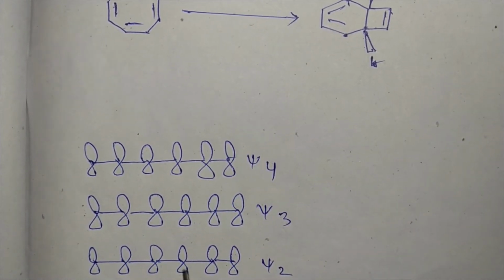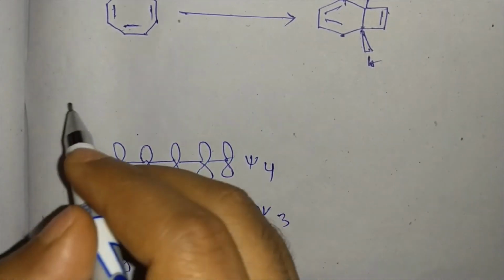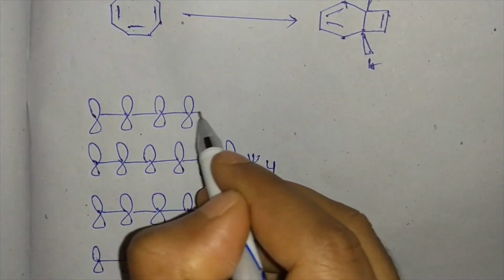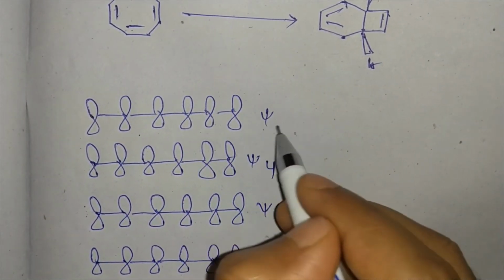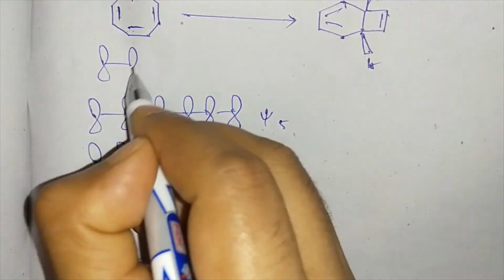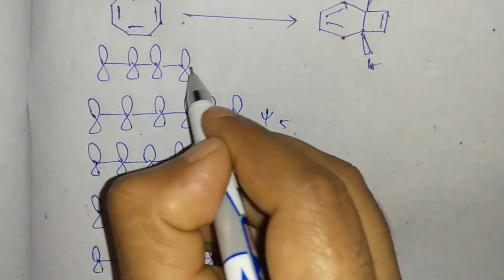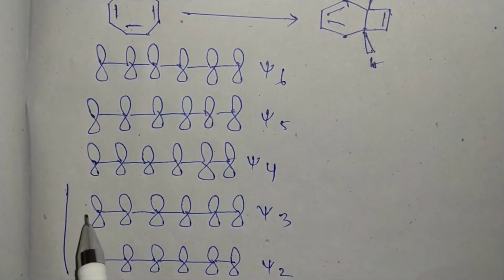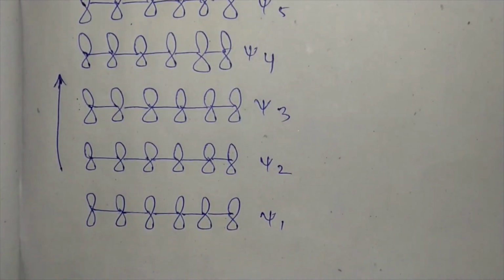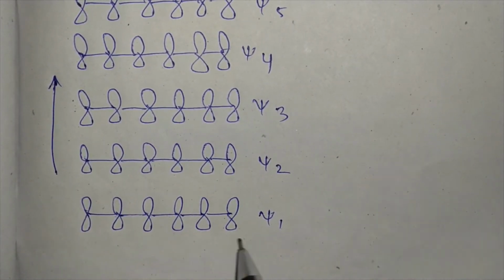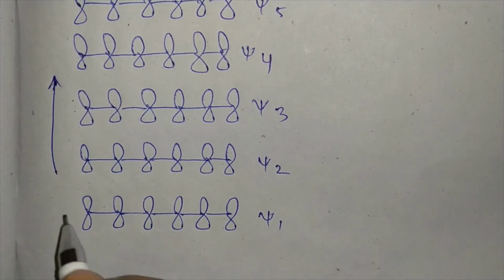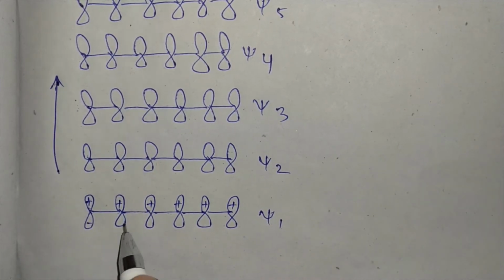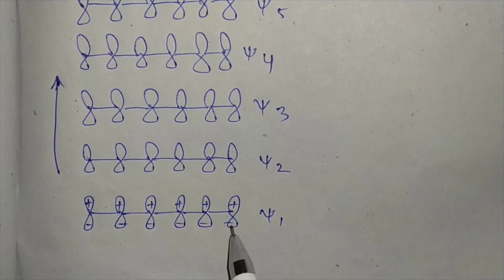We will give the plus or minus sign after drawing this molecular orbital completely. This is psi 5. This is psi 6. So the energy will increase in this direction. Now it will have no anti-bonding interaction, no nodal plane will be there.